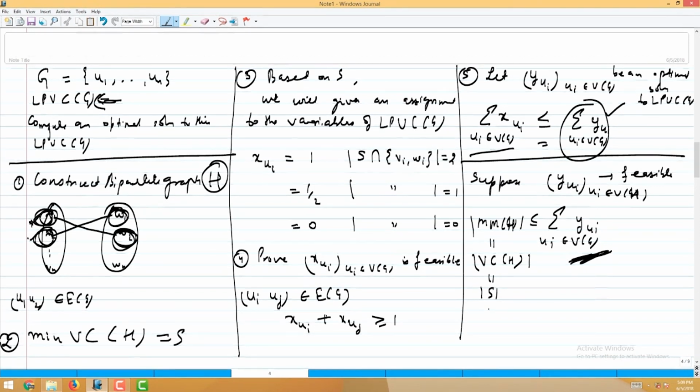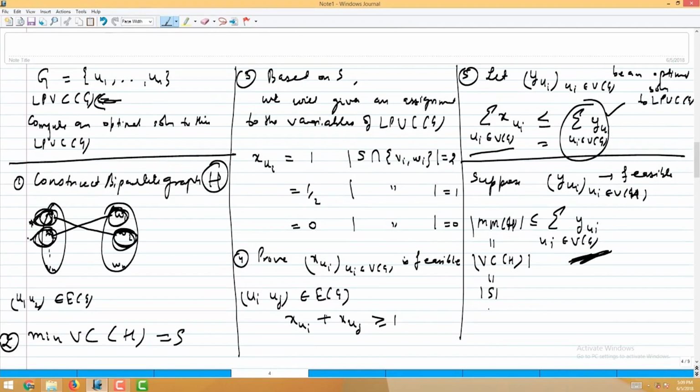In particular, this is true for the graph H also that I have constructed, the bipartite graph. And a bipartite graph has a nice property that the maximum matching size is actually equal to the vertex cover of H, which is nothing but the size of S. Right? So there is a relation between a feasible solution of H and the vertex cover of H. And now observe that there is also a relation between S and not just the feasible solution, but the solution that we have constructed, the x_ui solution.